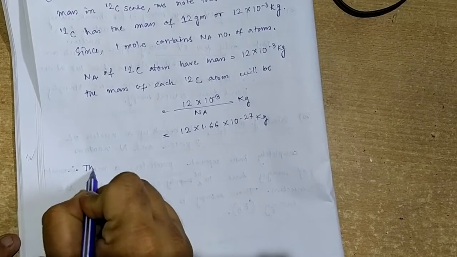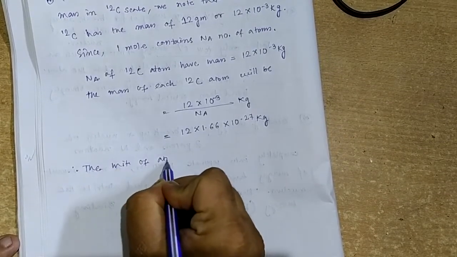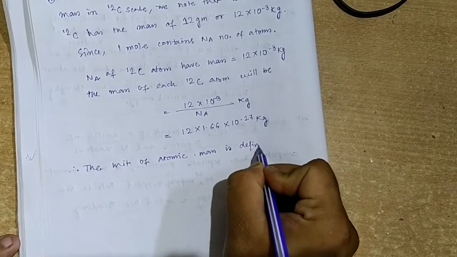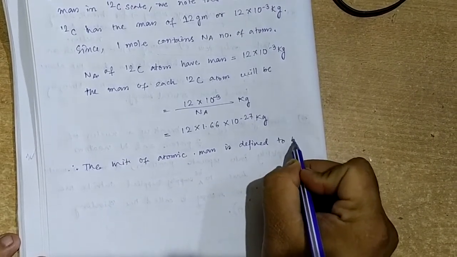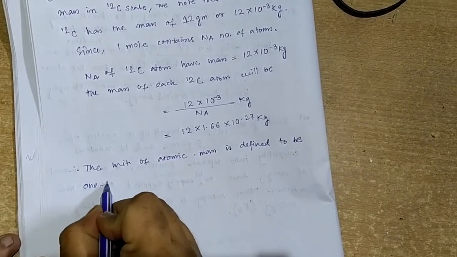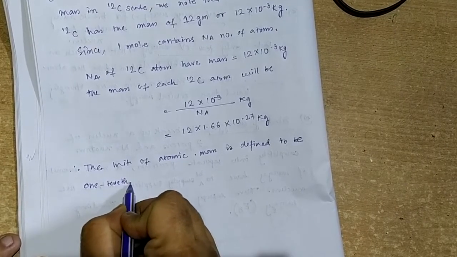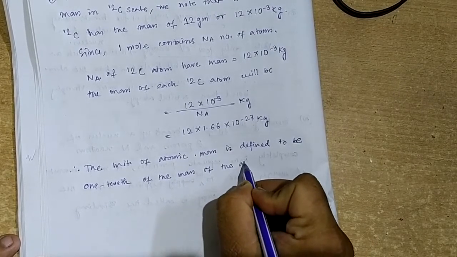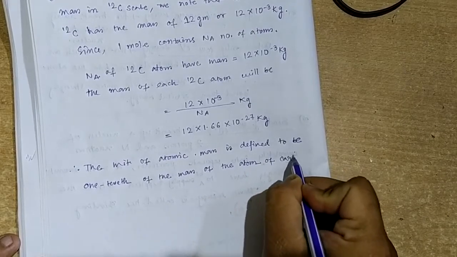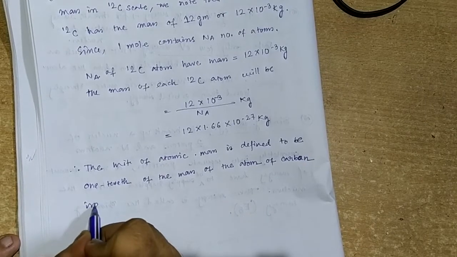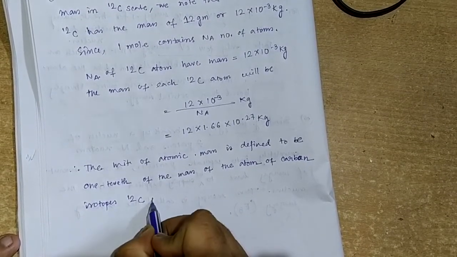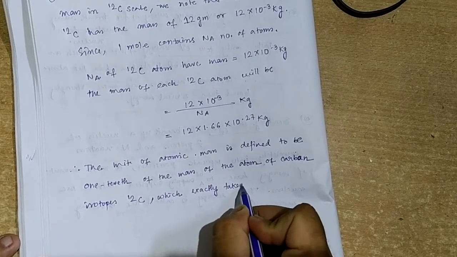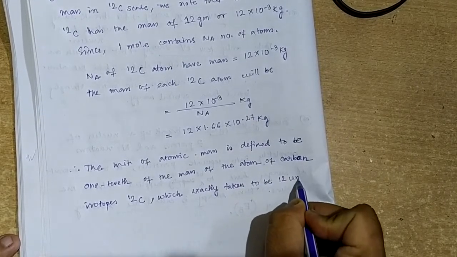Therefore, the unit of atomic mass is defined to be 1/12 of the mass of the atom of carbon isotope which is exactly taken to be 12 units.